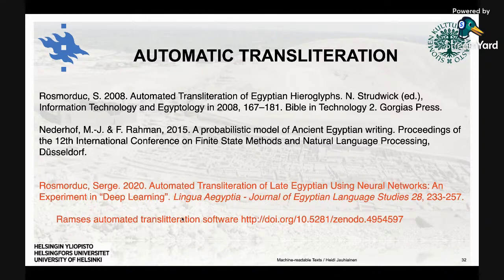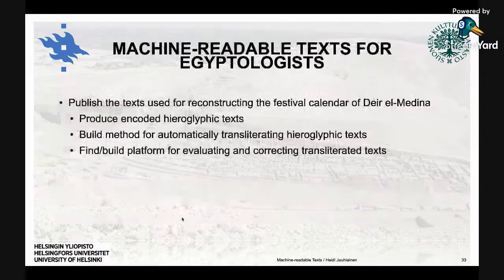So the object of my project, which started at the beginning of this year, as I said, is to publish the data from my PhD in machine-readable form. I used about 400 texts for reconstructing the festival calendar of Deir el-Medina.